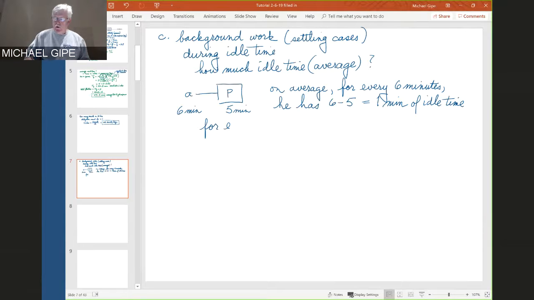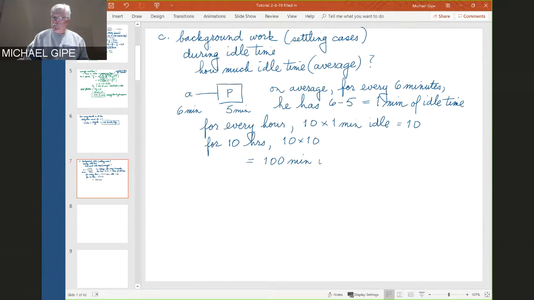So for every hour, he's got 10 times 1 minute of idle time. And for 10 hours, just multiply that by 10. And so total, we have 100 minutes of idle time for background work.